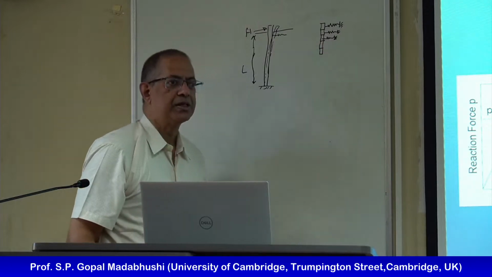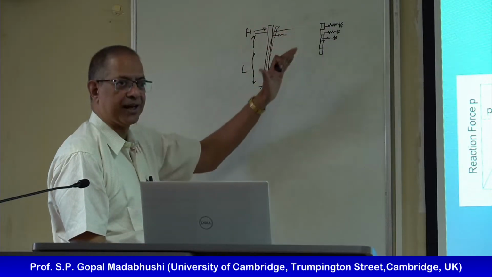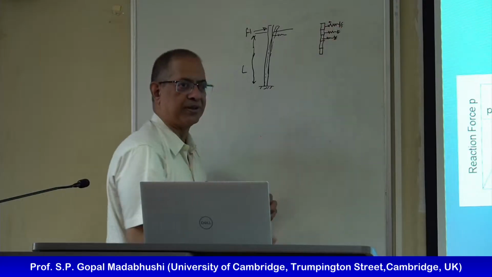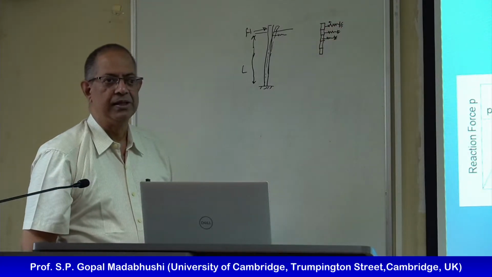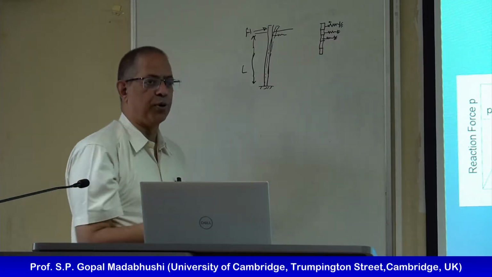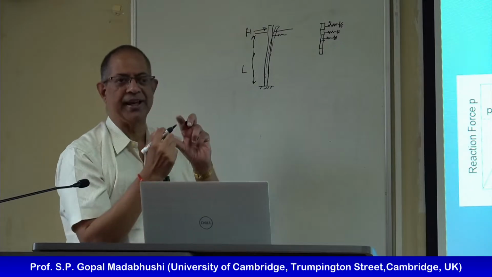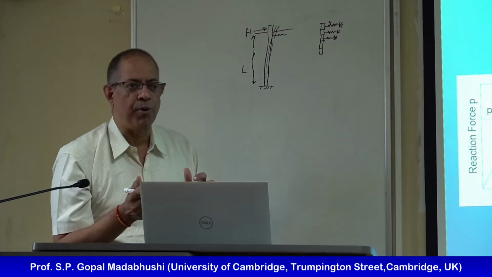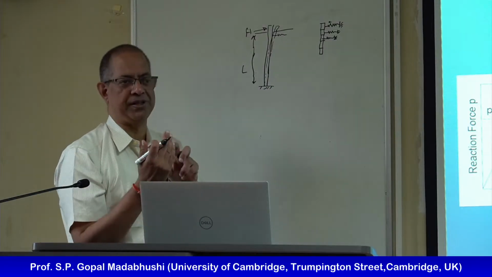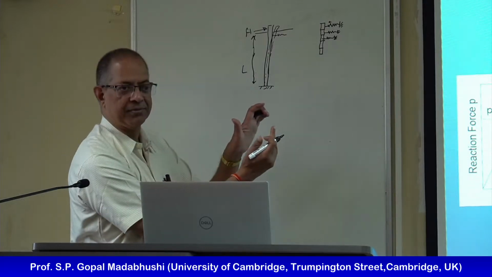Depending on how much deflection I get, I'll apply a spring force to oppose it. If I know the force, I can divide it by the projected area of the element, and that will be some form of pressure, the soil pressure generated to oppose the movement of my element.